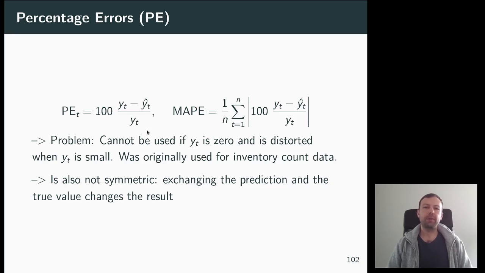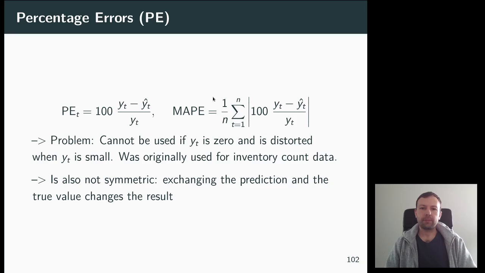Keep in mind that this measure was originally used for inventory count data. So you would always have values like 10, 100, 1,000, but never values between 0 and 1. It would always be counts: 1, 2, 10, and so on.